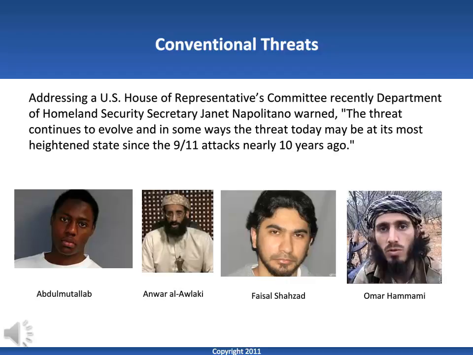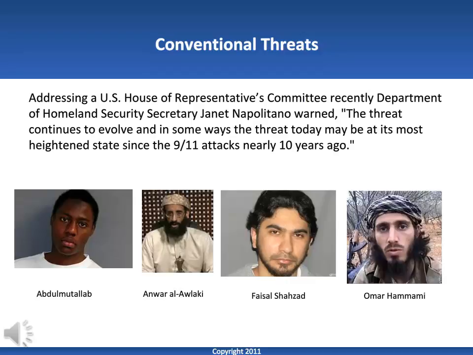The first person you see there, or the first two, Abdul Muttalib and Anwar al-Awlaki, both worked for a group known as Al-Qaeda in the Arabian Peninsula. Abdul Muttalib was famous for the 2009 Christmas bombing, or attempt to bomb a Delta flight from Amsterdam to Detroit, what we called the underwear bomb, where he failed in the end to ignite the bomb and fortunately was subdued by other passengers.